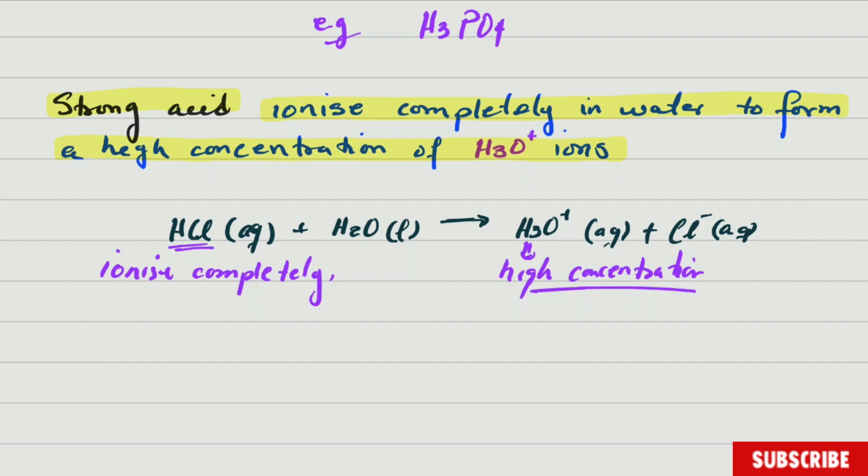Now let's see strong base. But first we can look at a few examples of strong acids, and those are hydrochloric acid, nitric acid, HNO3, and sulfuric acid. Those are common examples of strong acids.